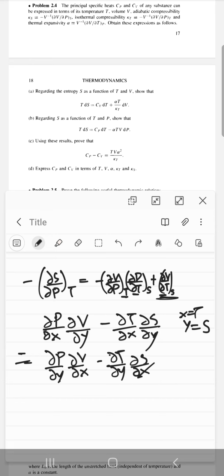Okay, let's try to figure out what this term is going to be, this partial p by partial t at constant entropy term. So just say x equal to t and y equal to s. Let's see what happens. Wait, but that's... Oh yeah, right. That's exactly what we just did. Doesn't help, right? So you can't really just deal with that like that.